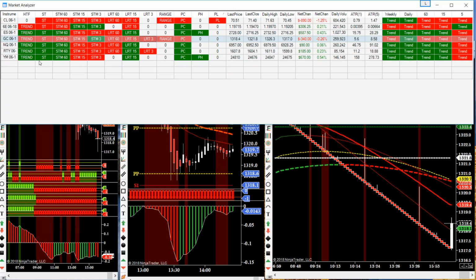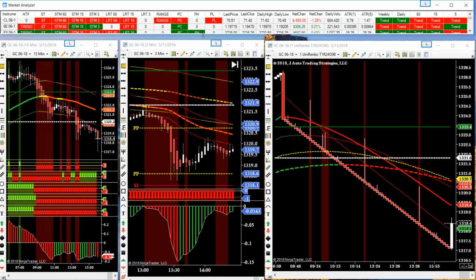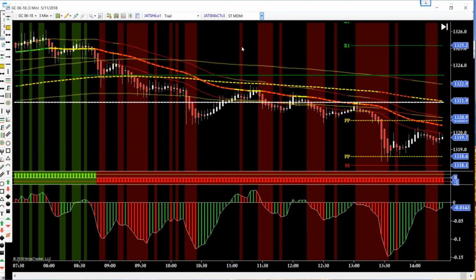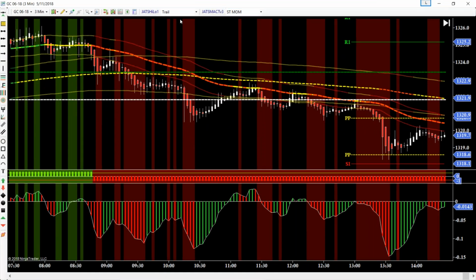This is very beneficial, and you can also get your ATR information as well as your daily high-low, fast price, and other information. Here's the gold chart, and here's that 3-minute Saint Mom setting.